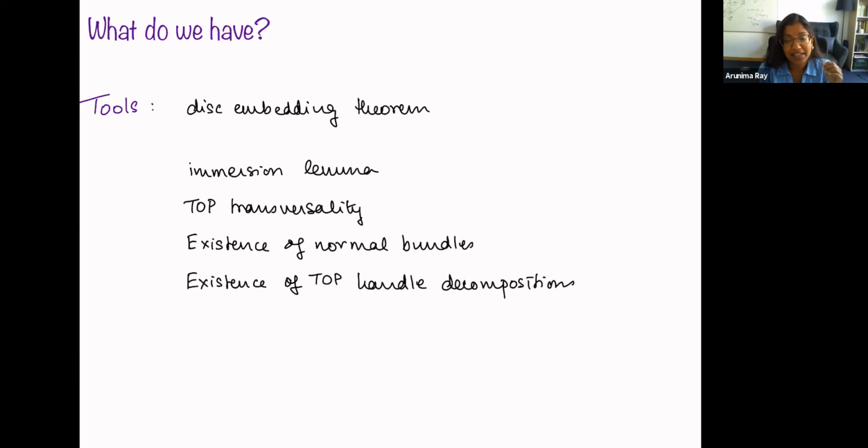And so an interesting question that we could all be asking ourselves is, when you prove a smooth result, to what extent is that actually purely a smooth result? Because some of these fundamental tools are in fact available in the topological category.